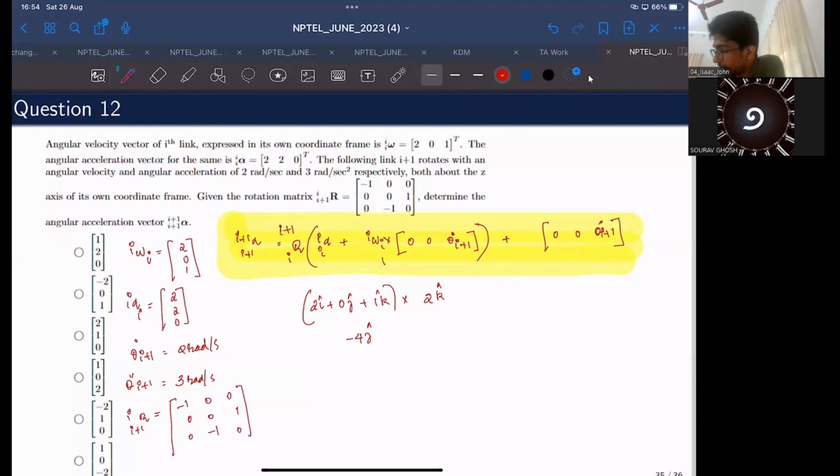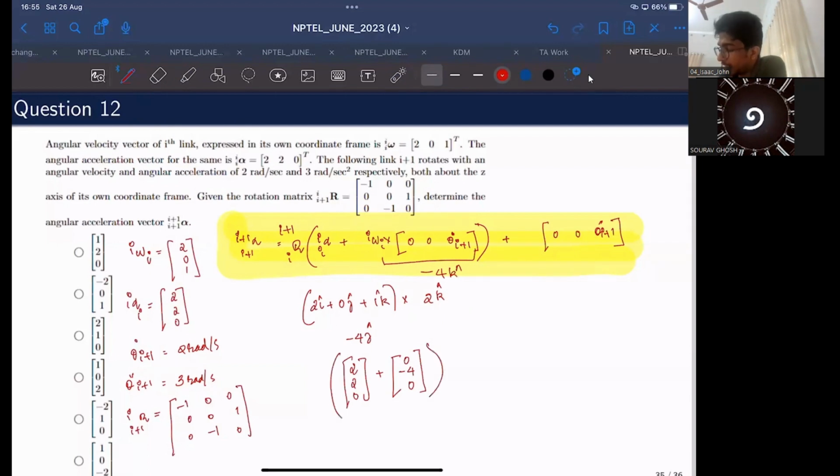So this term is 4k, minus 4k. Bringing back, we can evaluate all the terms within this entire bracket. So i alpha i would be 2, 0, then whatever we have got by evaluating the cross product, that would be 0, minus 4, 0.